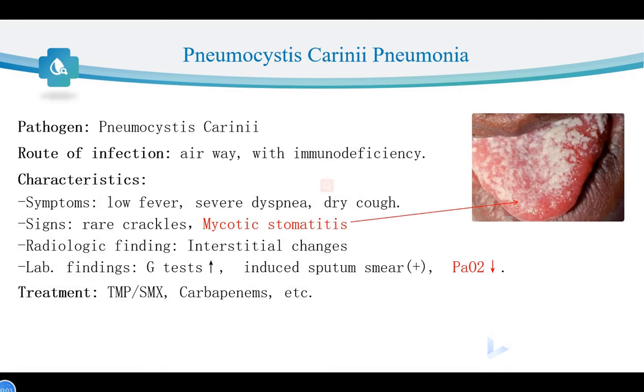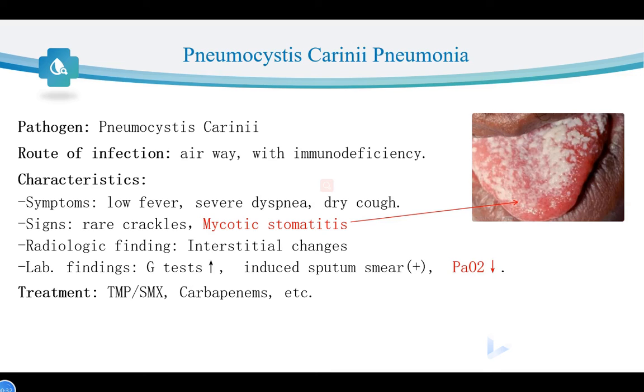This page shows the Pneumocystis carinii pneumonia. It's a very special infection, which occurs in patients with immunodeficiency. For example, HIV infection, or after using immunosuppressors or glucocorticoids. So, it belongs to an opportunistic infection.